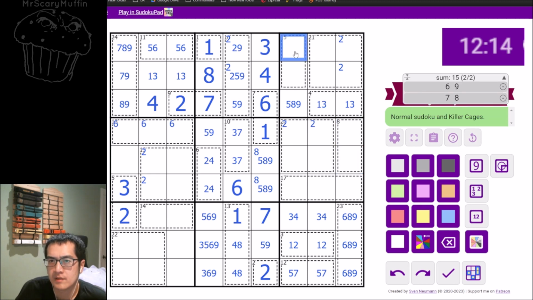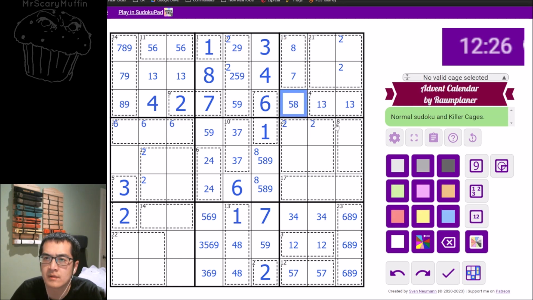Okay. 7, 8. Let's think about this. If this is a 7, this is an 8. 7, 8, 5. This would become a 9. This would become a 9. This would become an 8. 9, 7 works.